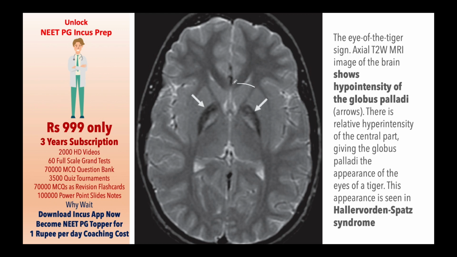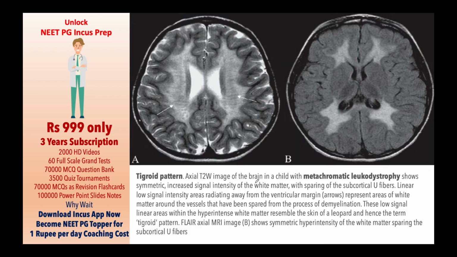Then यहाँ आपको एक cheetah दिख रहा है ना, cheetah, tiger. It looks like the eye of a tiger, because of the hypointensity of the globus pallidus. And this condition is called Hallervorden-Spatz syndrome, is what you need to remember. Then here you are able to see एक महर्षि के आश्रम में एक टाइगर के चमड़े के जैसे बन गया.